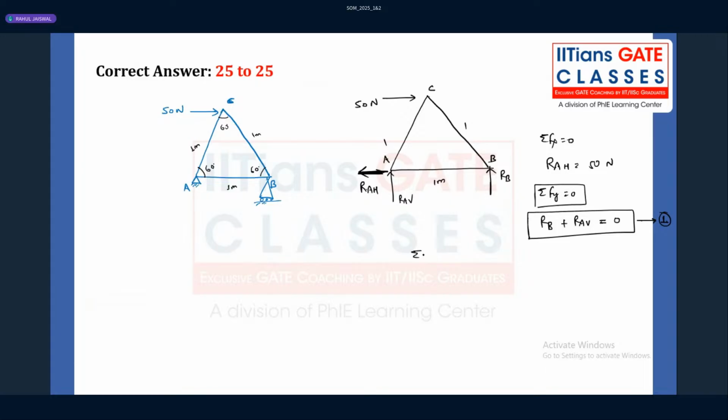Then if I take summation of moment about point A to be 0, taking clockwise moment as positive, then RB into 1 anti-clockwise plus 50 into what? This angle is 60 and this length is 1. What about this height Y from the triangle?